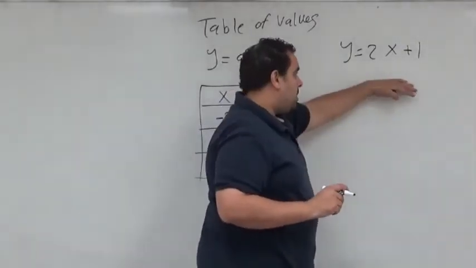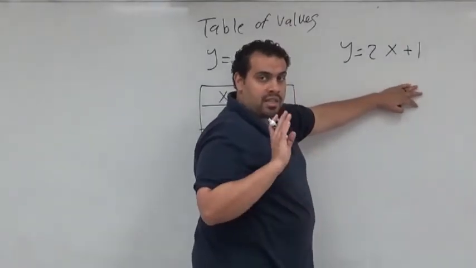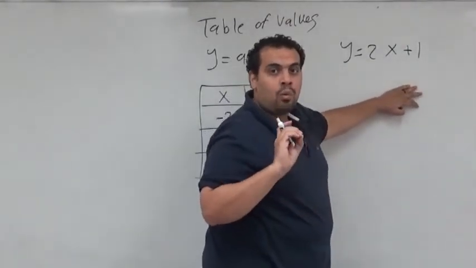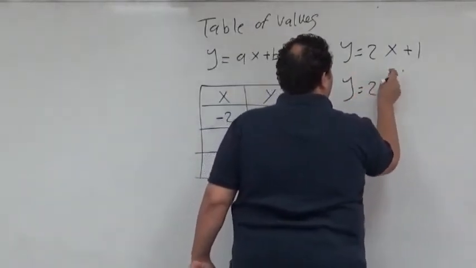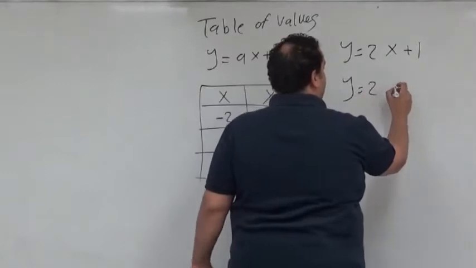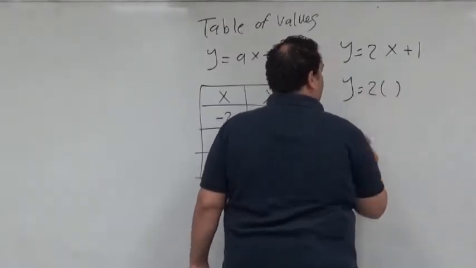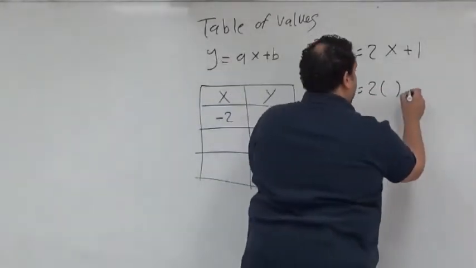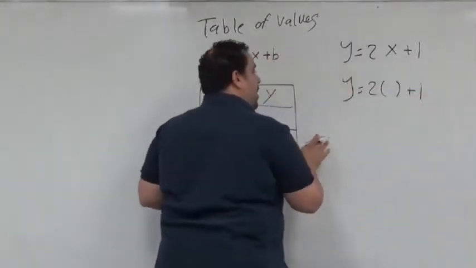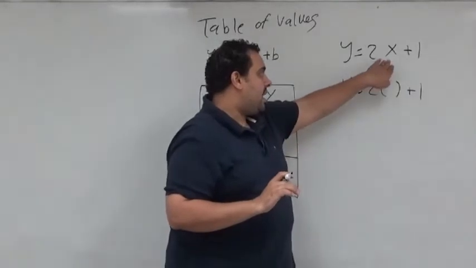I will rewrite the whole equation, except I'm not going to write the x. So here I have y equals 2, then instead of x I put empty parentheses for now, then plus 1. Same equation, the only thing missing is x.